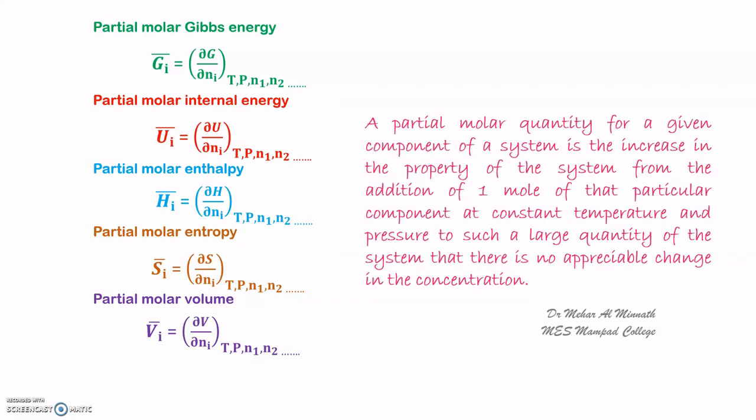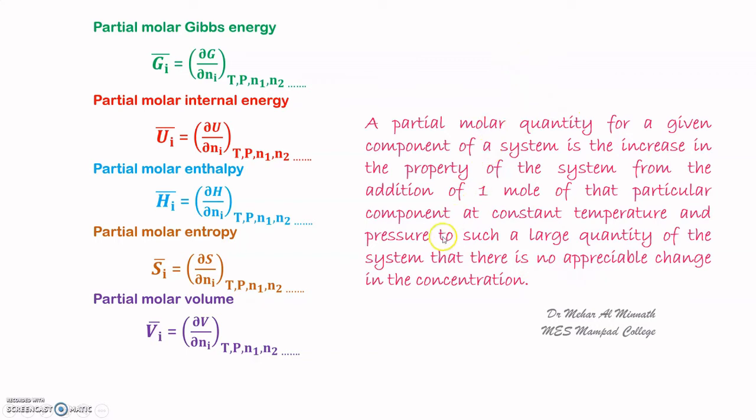So, a partial molar quantity for a given component of a system is the increase, or change, in the property of the system from the addition of 1 mole of that particular component at constant temperature and pressure to such a large quantity of the system that there is no appreciable change in the concentration. What does this mean?